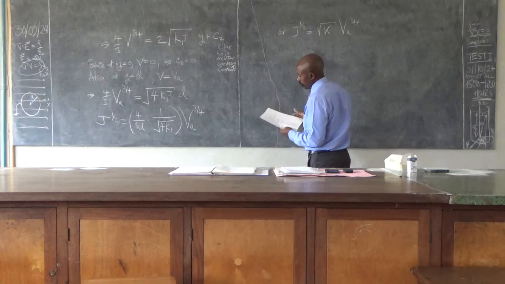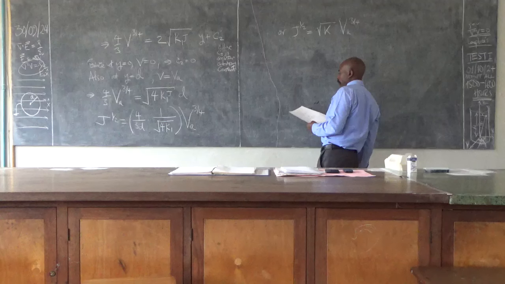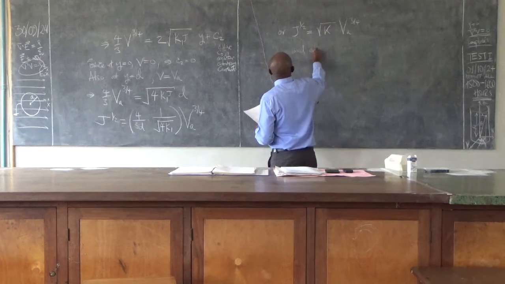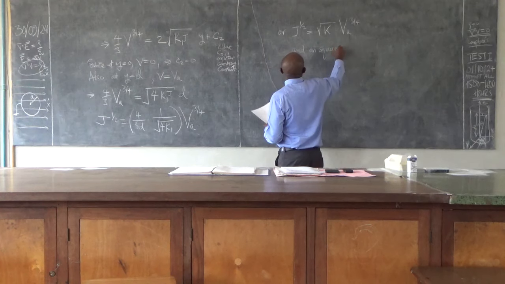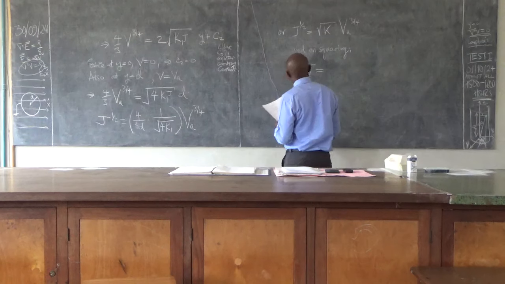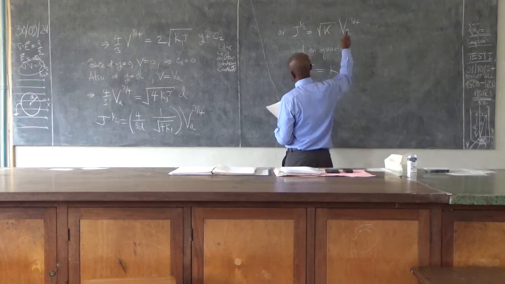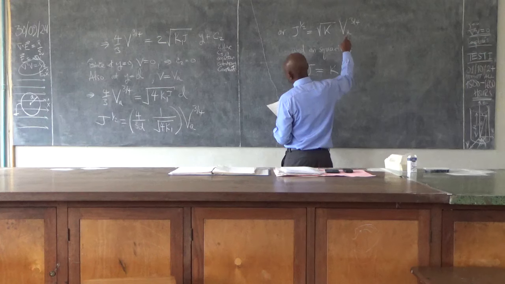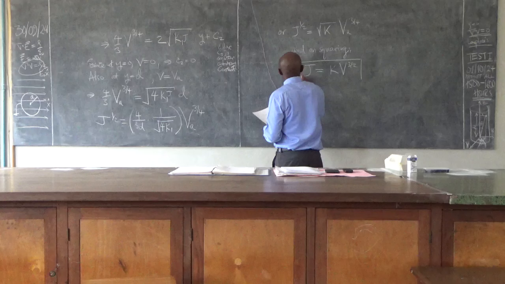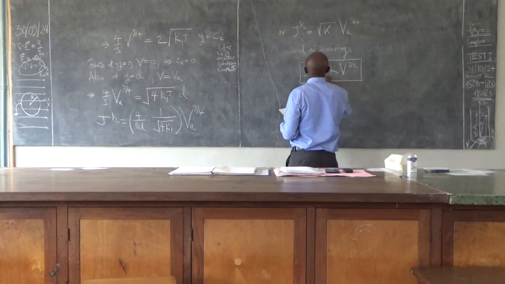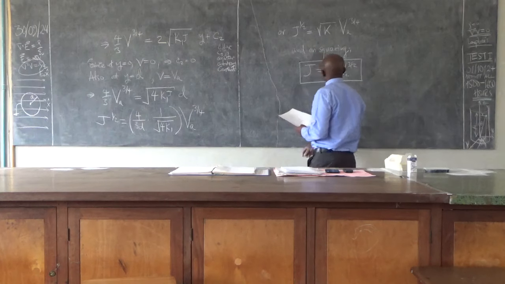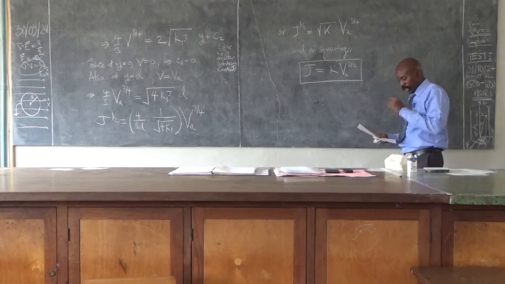And on squaring both sides, we get J equal to K, then VA to the 3 over 2. So we could find the current density. If we have this anode potential, then we can get that.